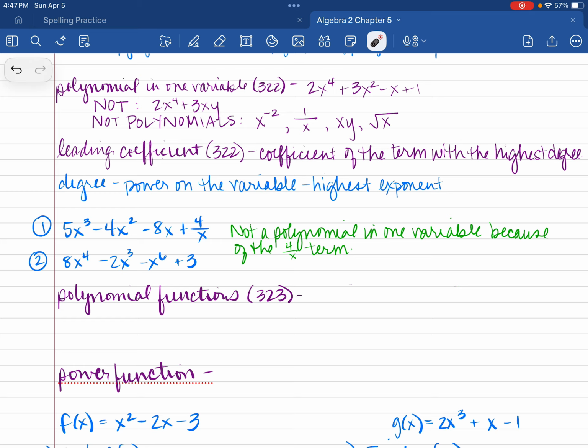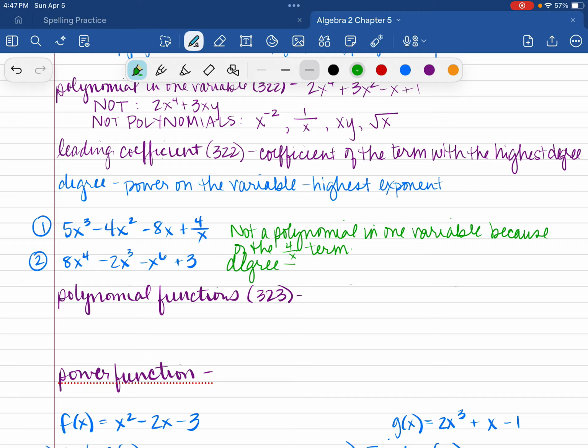So then we look for the highest power. In this one, it would be this negative x to the sixth. So we can identify the degree as 6. And your leading coefficient would be the coefficient of the term that has a power of 6. This is a negative 1.